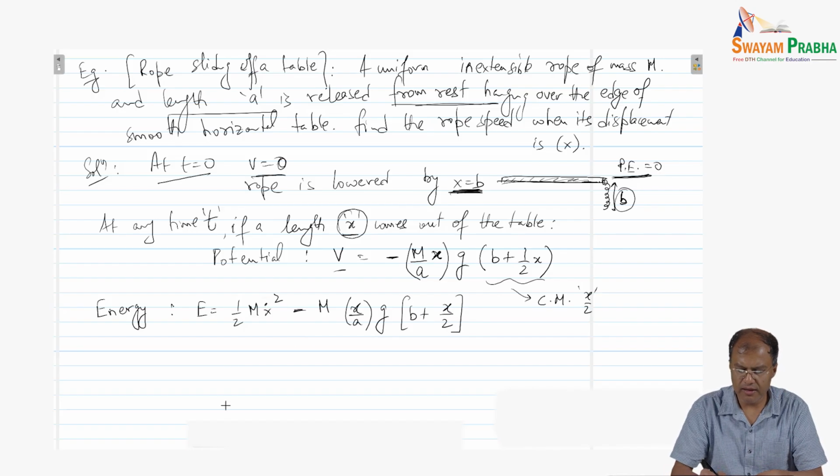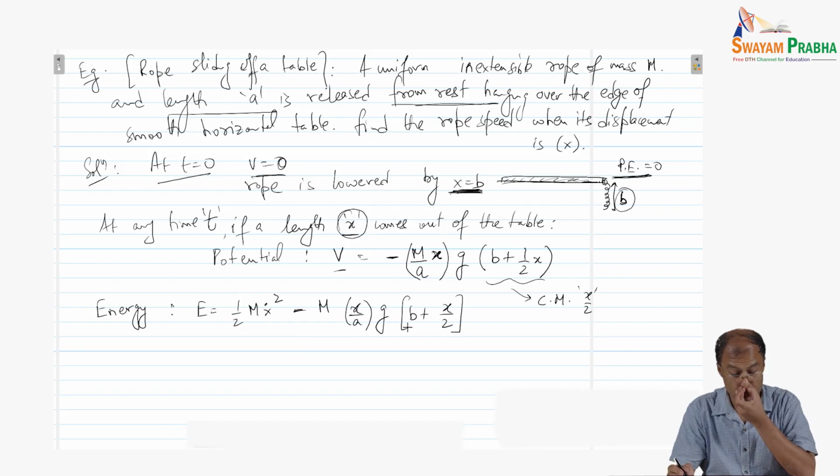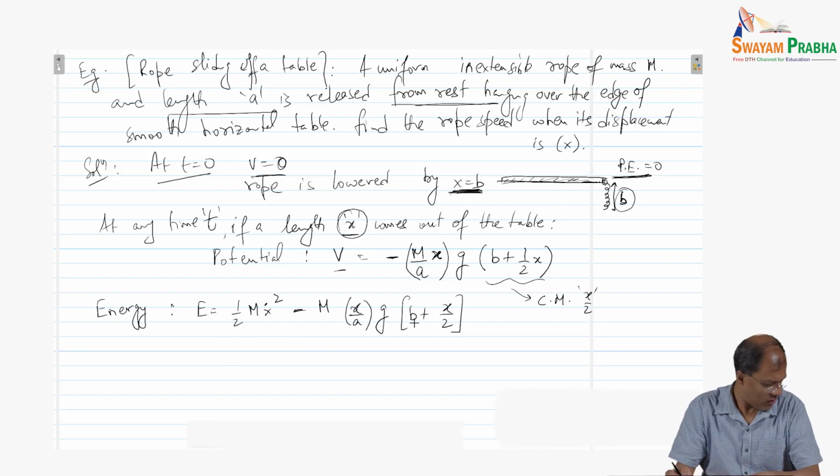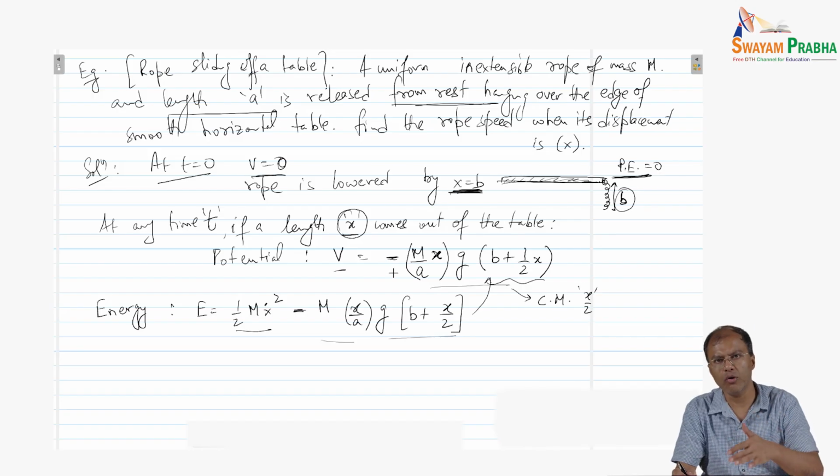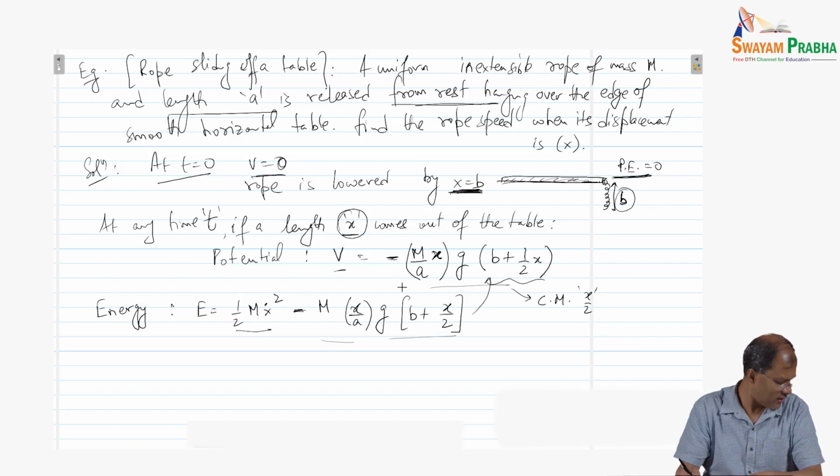So E is the following. Okay, so this is my kinetic energy and this is my potential energy, which is written here above, and we put a minus sign because the rope is getting lowered. Okay, so this is my energy.